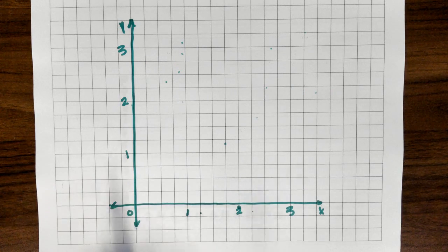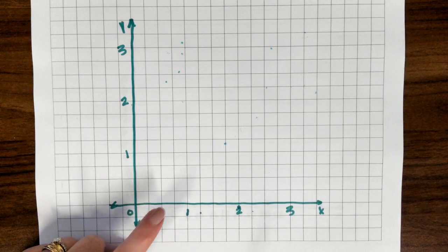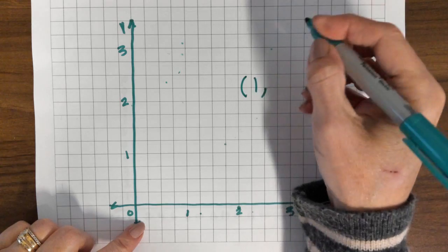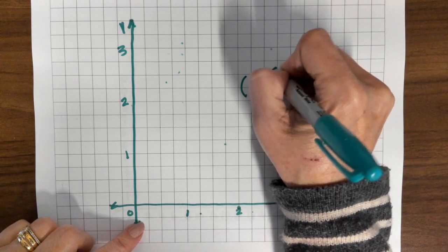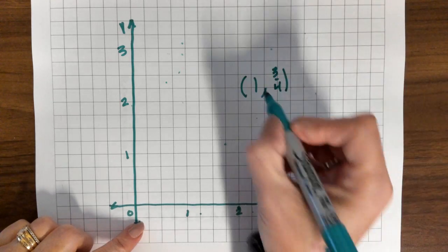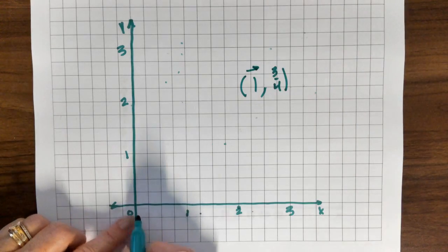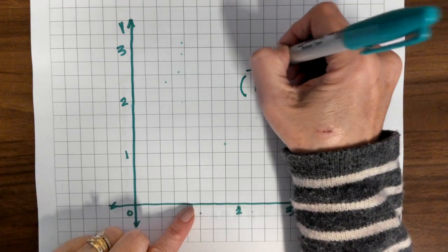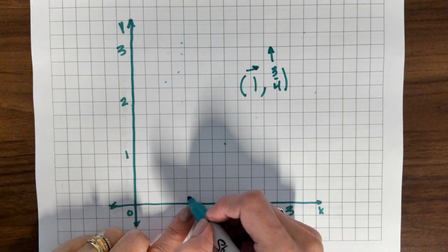So that will take some practice, and there's a great activity called Graphing Texas that's in the shared drive and in the Google Drive that uses this type of grid. So this could look like, what if I asked them to graph 1 3/4? So for my horizontal movement, the x-coordinate, I'm going to the 1. For my vertical movement, I'm going to 3/4.